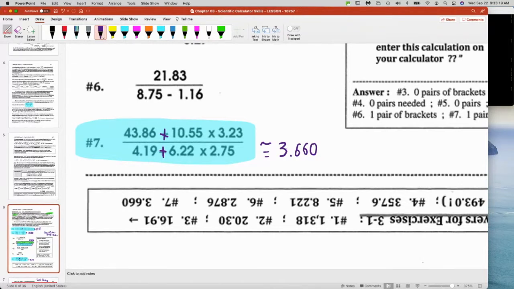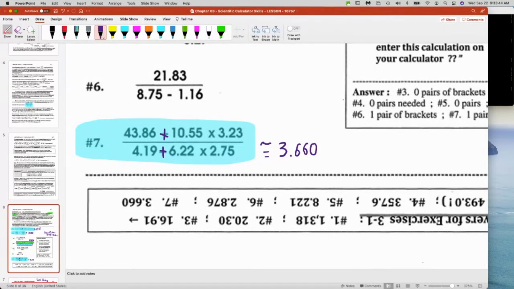Hopefully, he comes back. My first insight would be to just try the numerator and the denominator separately. Yeah, see if you get it that way.